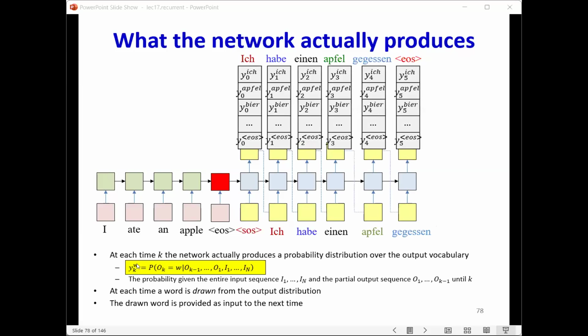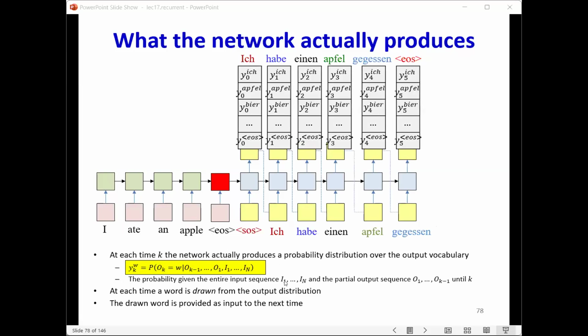So Y subscript K superscript W is the output computed for the word W at time K. This set of values is the probability distribution for the kth word given the input and the first k minus 1 words.